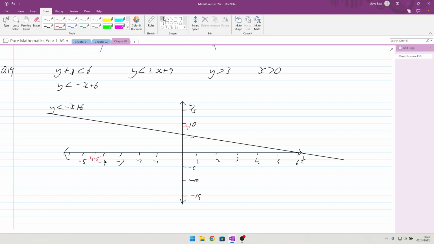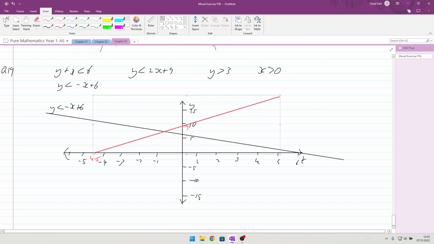And so we should have the straight line coming across at that point. Okay. Let's extend that one to there. Very good. Okay. And again, that should be another dotted line. Okay. 2x plus 9. And then we want y is greater than 3. So where is y equal to 3? Somewhere around 2.5, 3.